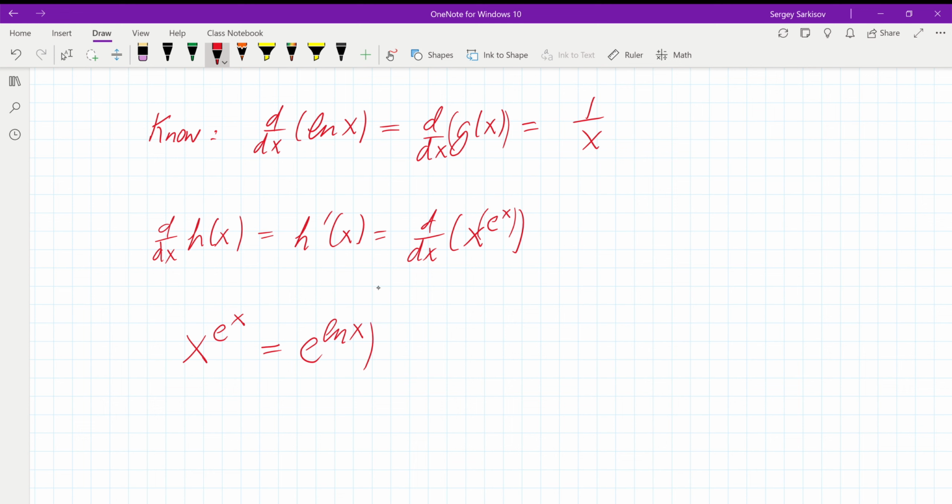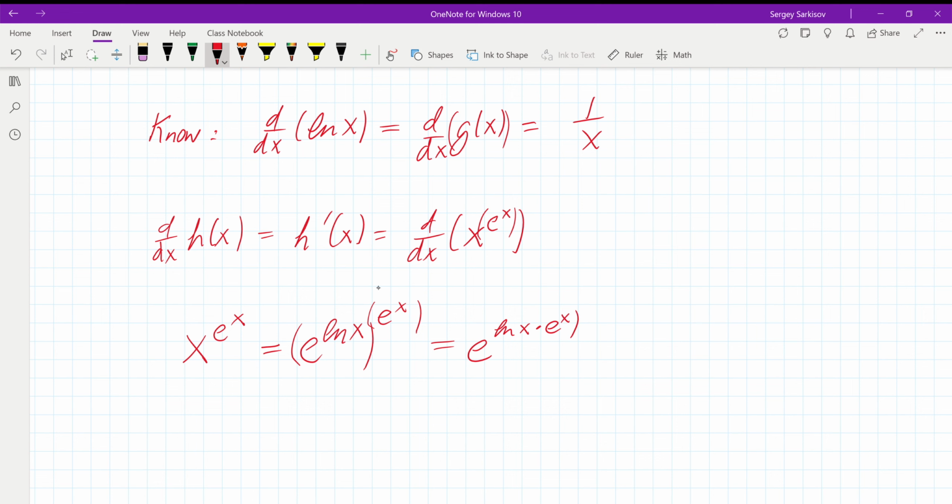That's what x is. So I'm going to rewrite that, to the e to the x. Okay, that's fine. And then we have the property of exponents that a base to a power, raised to another power, is the base to the product of those powers. So it's e to the ln x times e to the x.